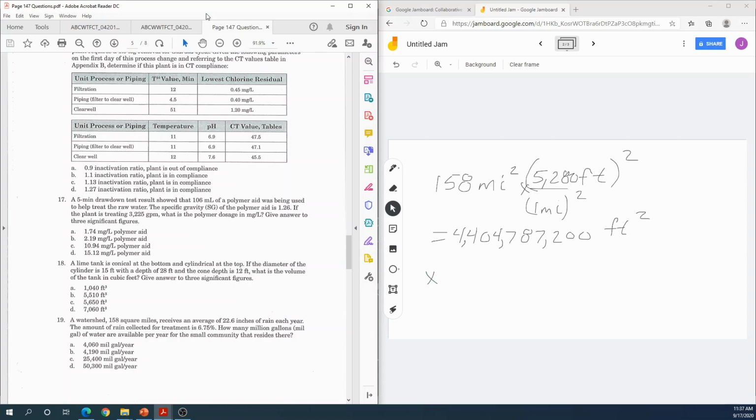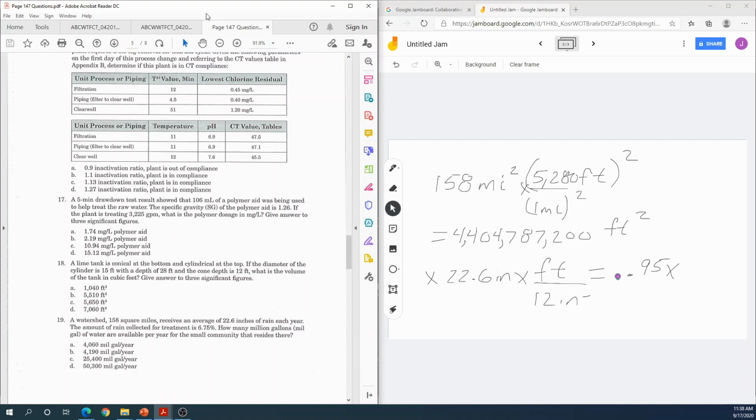Now let's take this answer here and let's multiply it by our height. So we have our area in square feet. Multiply that by our height, which was 22.6 inches. But we know there are 12 inches in a foot. Oh, excuse me. Got ahead of myself here.